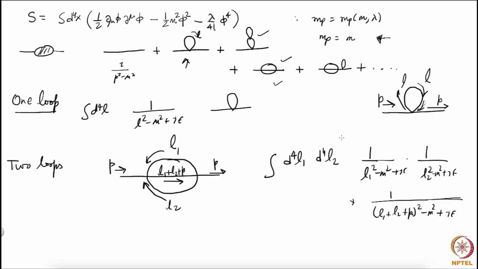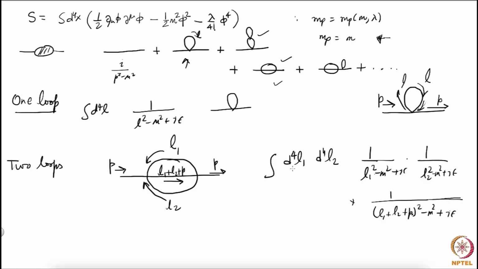So you see, this one is also divergent. You have two powers of L from this factor, two powers from this, and two powers from this. So when all these L's are large, this will provide 6 powers of L. You can forget about this external momentum P and m, because they are of no importance when L1 and L2 are very large.